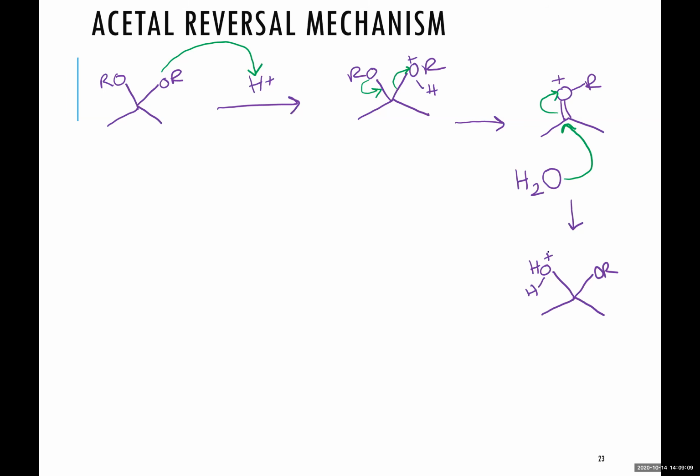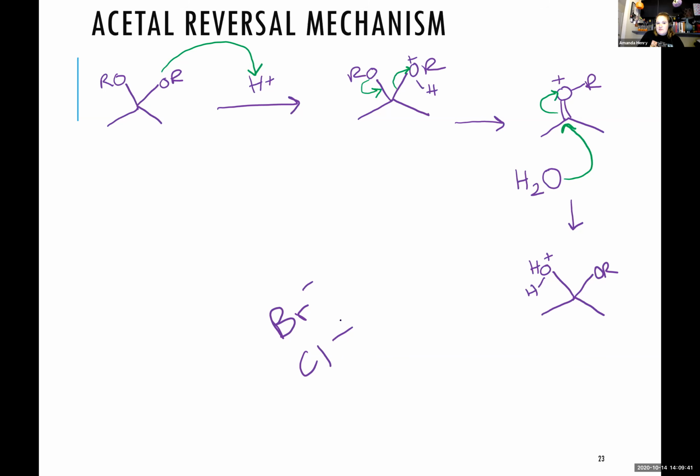Could you quickly go over what makes something a good leaving group? Yes, that is a great question, Nilla. So there's a couple things. So ignoring oxygen for right now, because oxygen by itself is not a good leaving group. What makes a good leaving group is something like chlorine and bromine. Bromine and chlorine are both really good leaving groups because they are stable as ions by themselves.